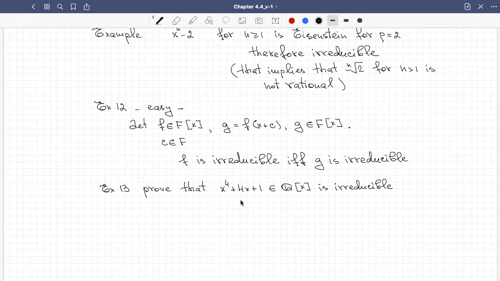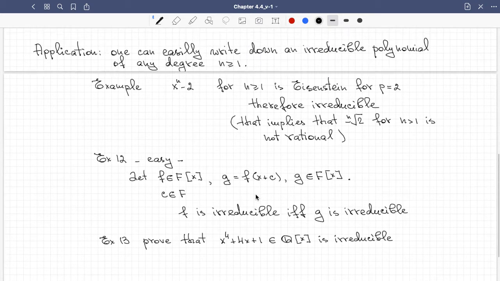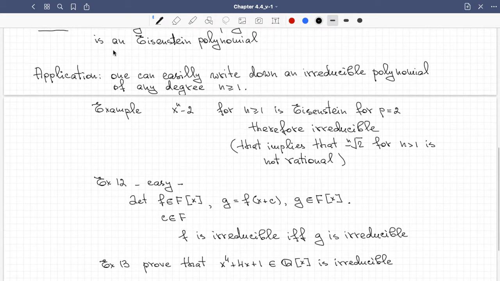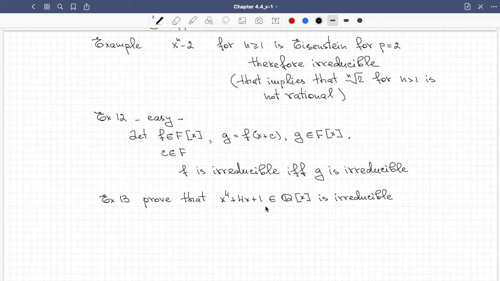There is no such prime which divides 4 and 1. More precisely, for the Eisenstein criterion, there should be a prime which divides all coefficients of the polynomial except the leading coefficient. In this case, the constant term is 1, so it's not divisible by any prime.